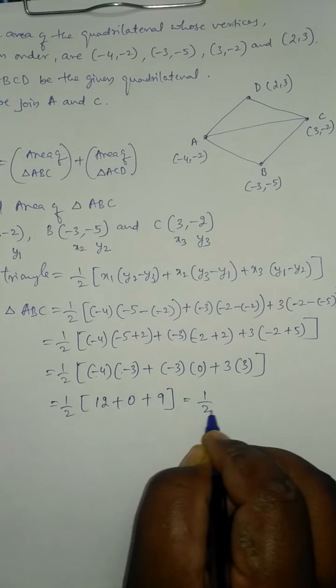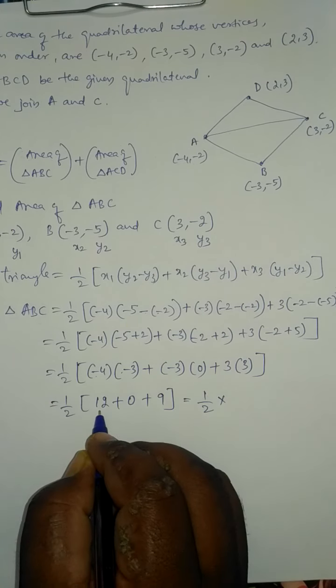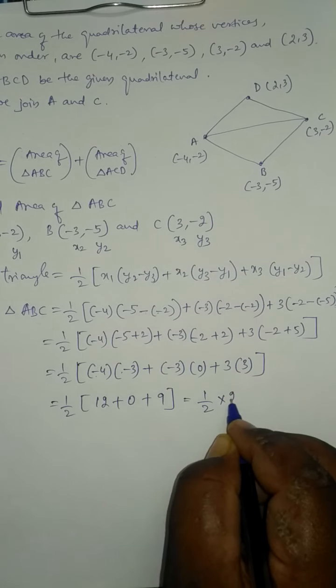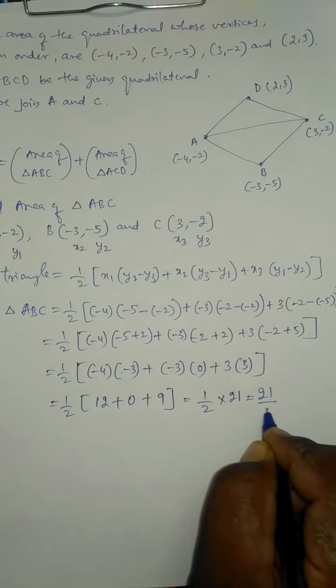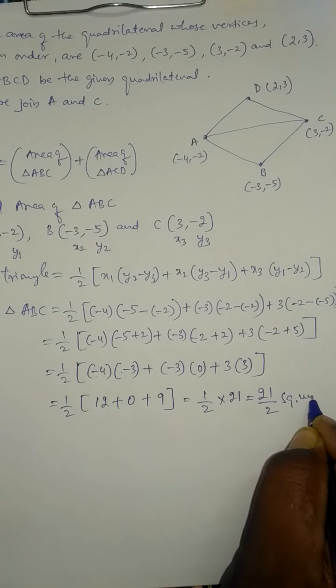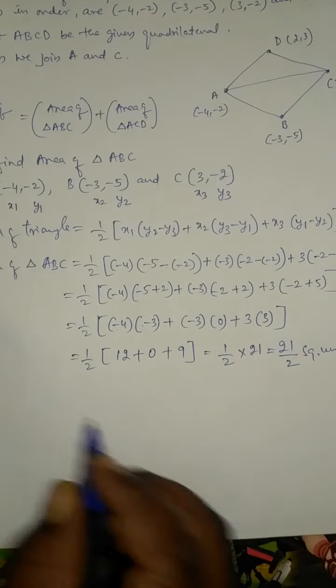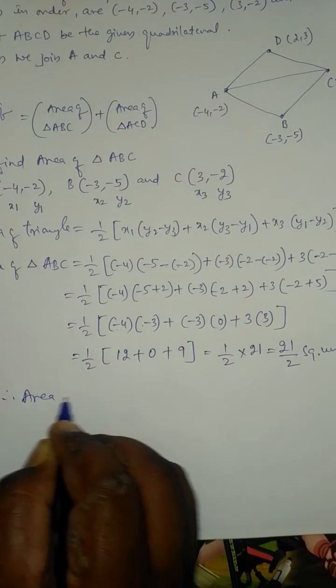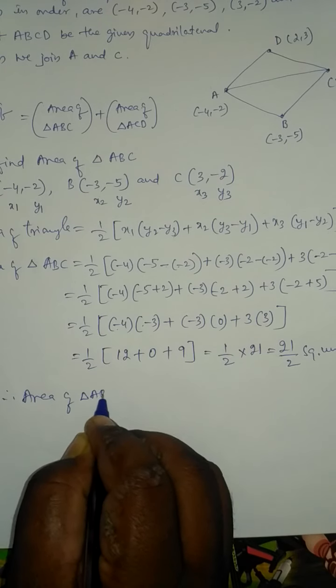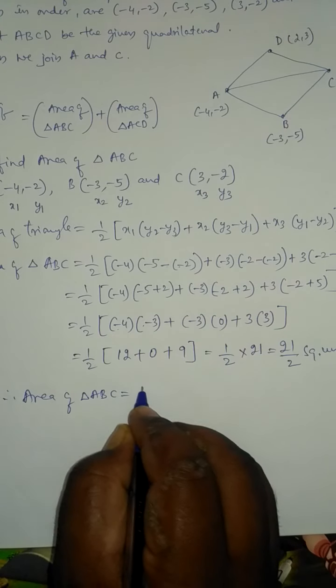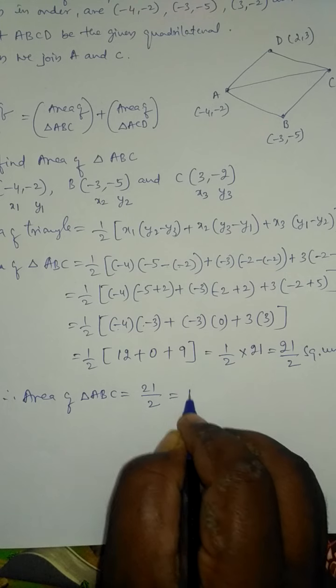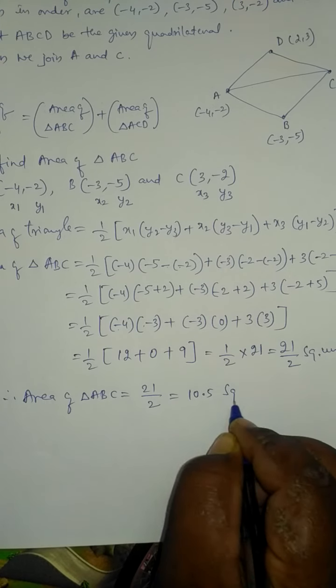If you solve for this, half into 12 plus 9, that is 21. So this is nothing but 21 by 2 square units. Therefore, area of triangle ABC is equal to 21 by 2 or 10.5 square units.